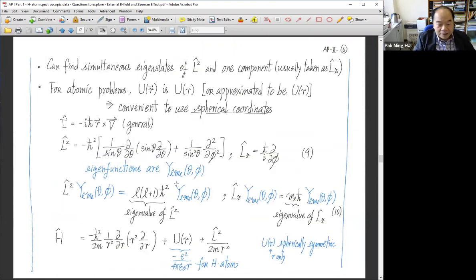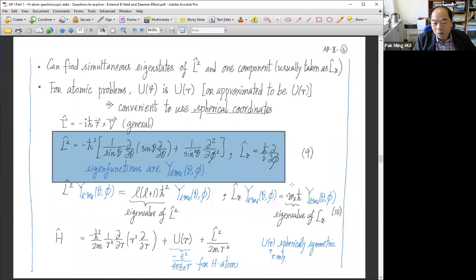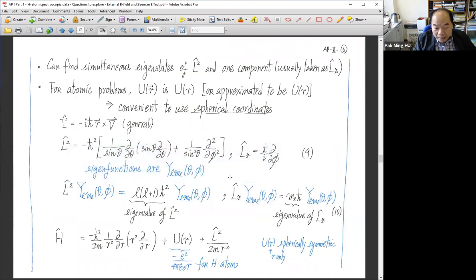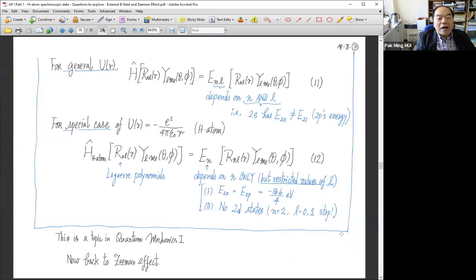And then, if you write it out in spherical coordinates, this is the magnitude squared, and this is the Z component. And thereby, I would like you to know this. And that will be sufficient for our purpose now.